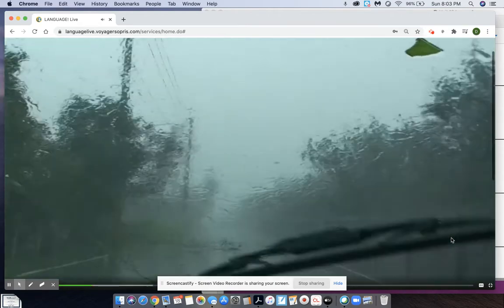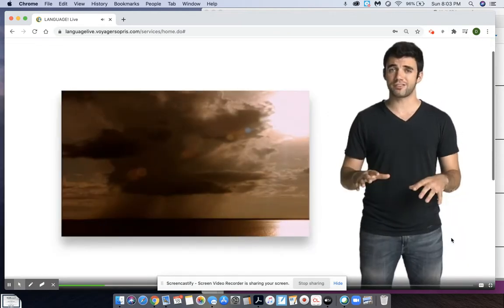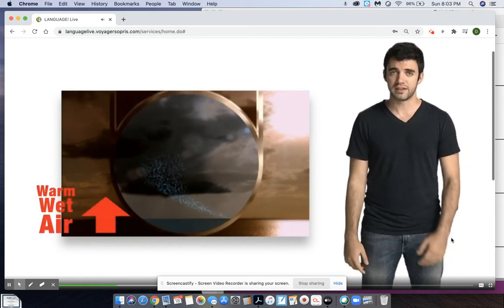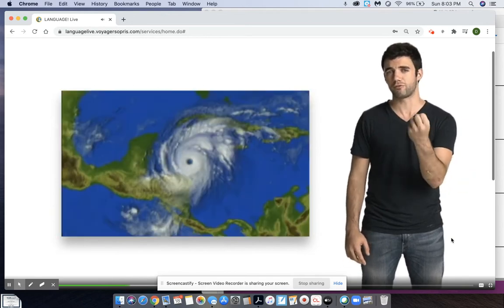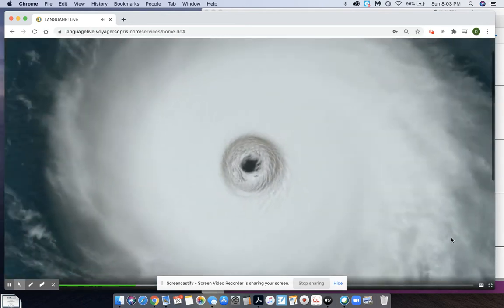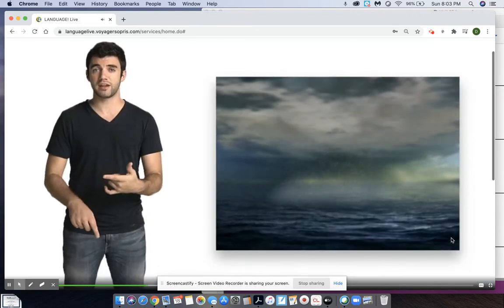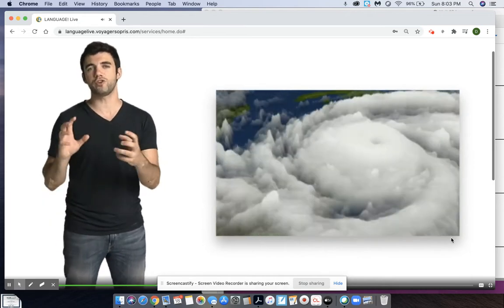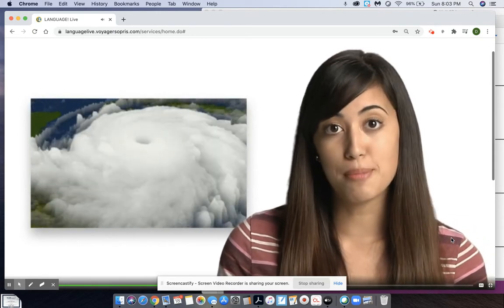Hurricanes form as ordinary thunderstorms, but unlike over land, the falling rain is constantly replaced by warm, wet air rising from the ocean surface. The air's rotation causes vertical winds to begin to spiral and form an eye, the calm center of a hurricane. Heat, rain, more heat, wind, and more rain continue to fuel the swirling winds. Until it hits land, that's when the real damage is done.